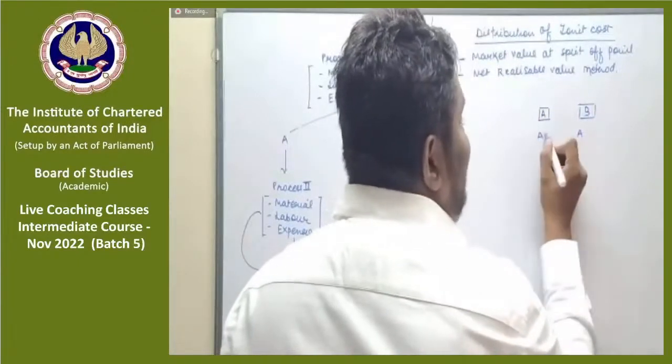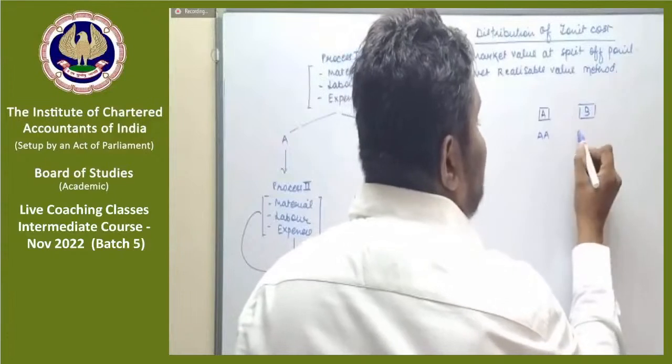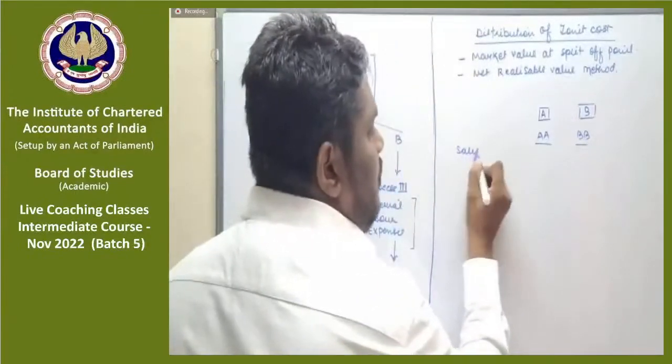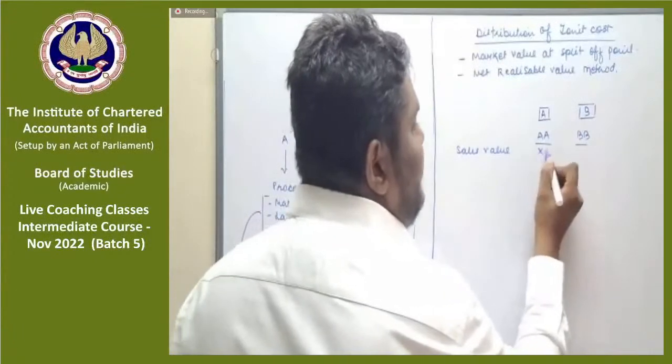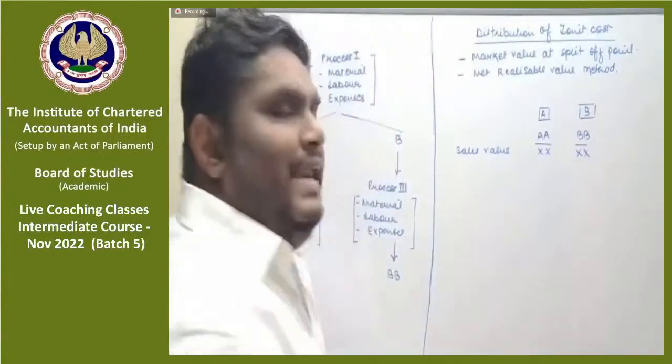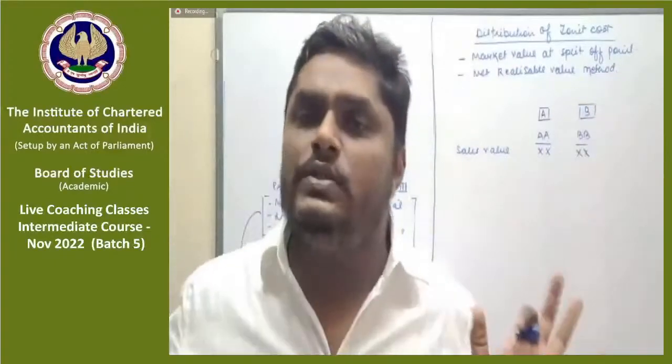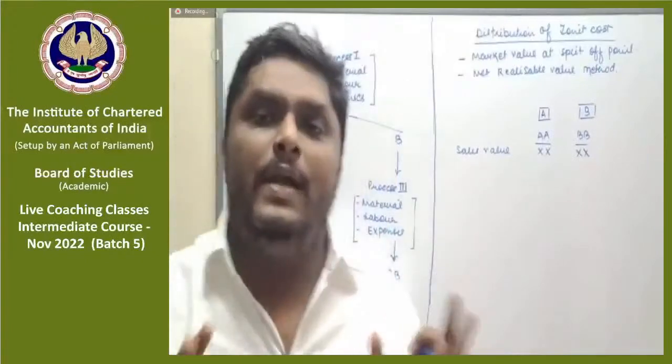We can easily get the market value, the sales value, of double A and double B. Why? Because these are our final products and we can easily sell them in the market.